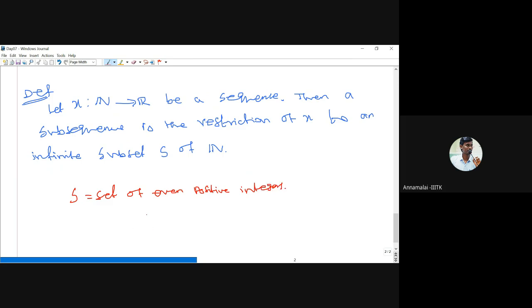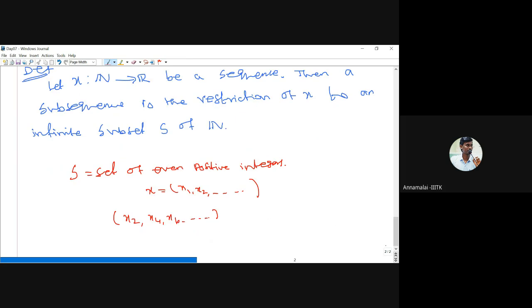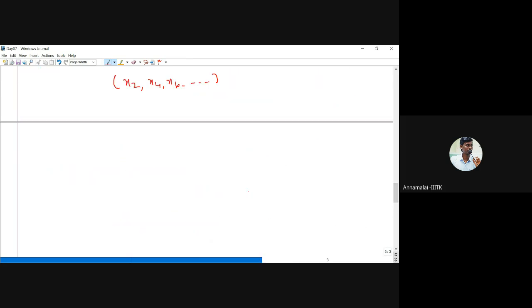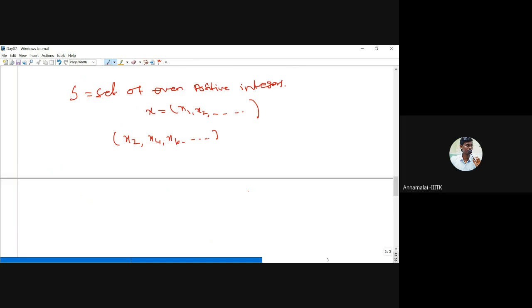Suppose our original sequence is x1, x2, and so on. Then for the subsequence you can take only the even terms, that is x2, x4, x6 and so on. So this is a subsequence. If you take S equal to the odd integers, then you are taking only the odd terms, x1, x3, x5 and so on.